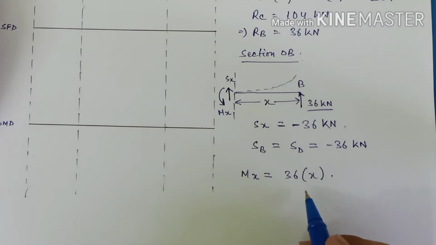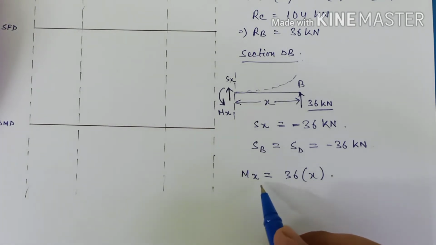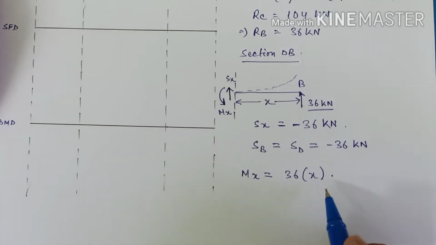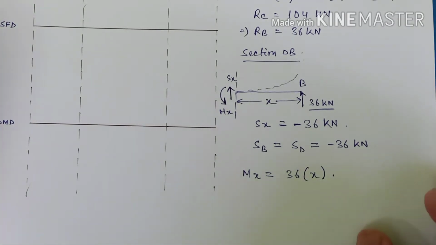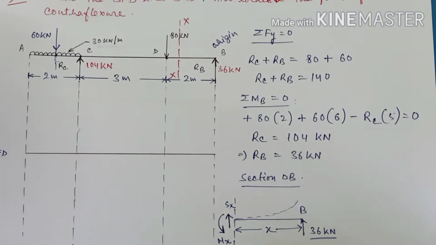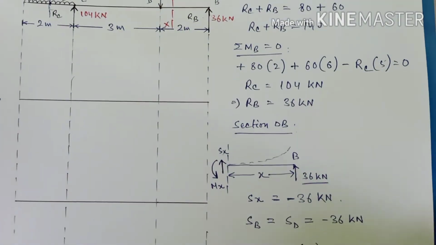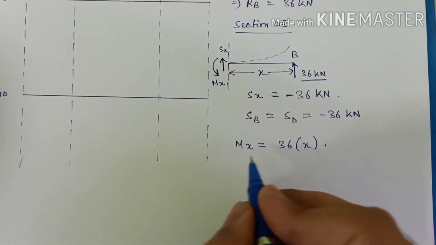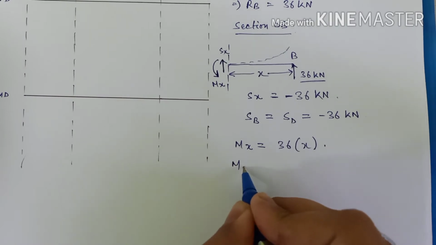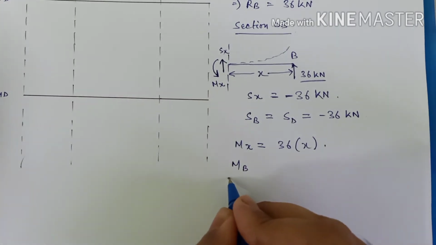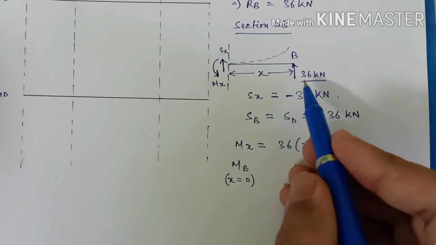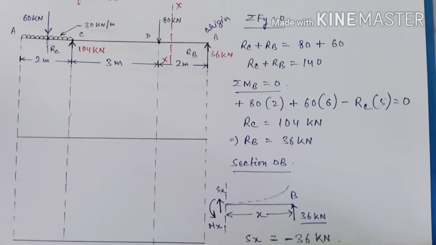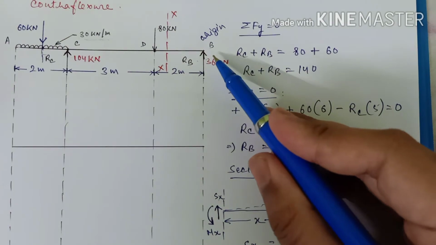So in the equation of moment you can see that the value of bending moment depends upon X, right? So we have to find out individually what is the bending moment at B and D. First let us find out at B. The value of bending moment at B will be from X distance. We are taking the section from B, so we are treating point B as our origin.